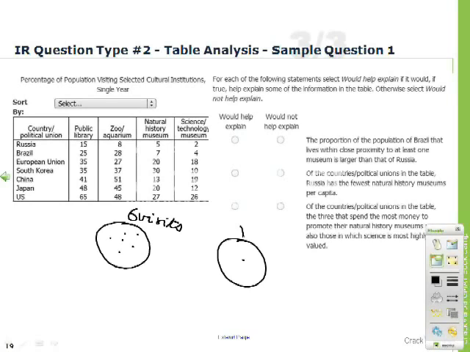Right? Third, the countries or political unions in the table. The 3 that spend the most money to promote their natural history museums are also those in which science is most highly valued. So basically, you have to sort the tables. And see the, again, one can assume correspondence, that money is directly associated. Or see whether the highest natural history is actually not linked to the spend.